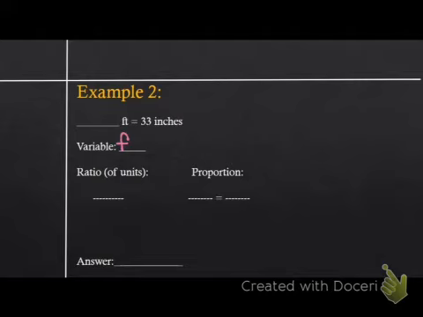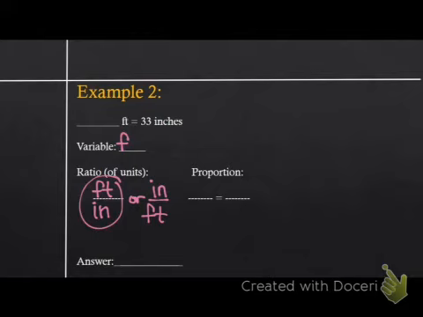The two things I'm comparing, my ratio of units, are feet and inches. If you want to do it the other way, inches and feet, that's perfectly fine. Just make sure you correlate it. I'm going to use feet in my numerator and inches in my denominator.